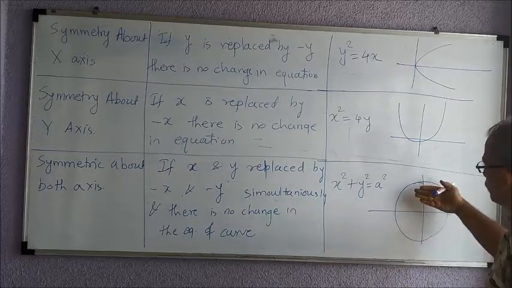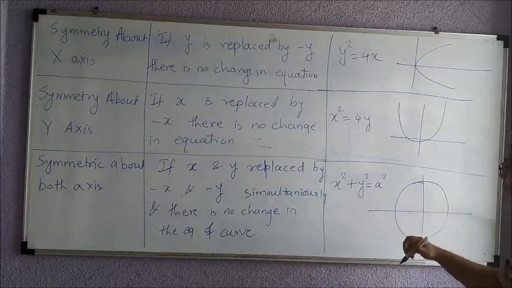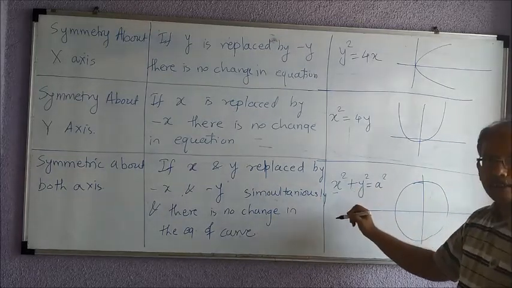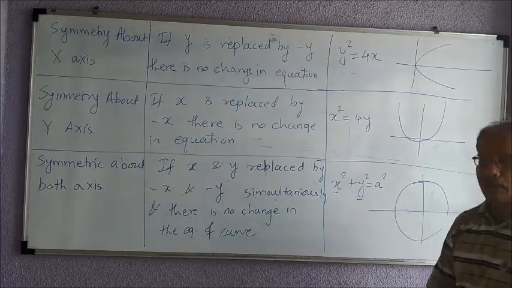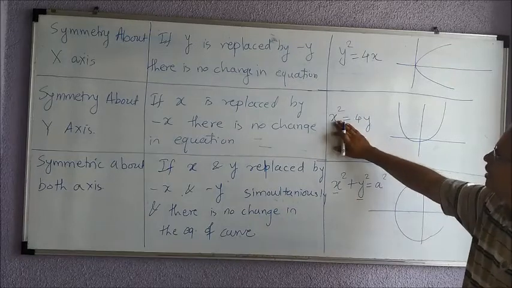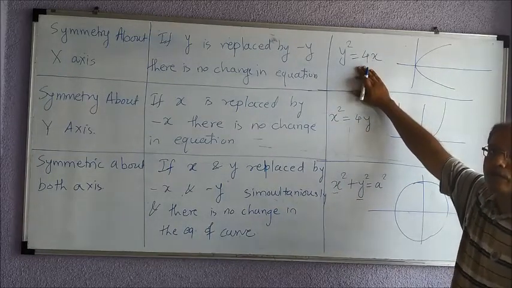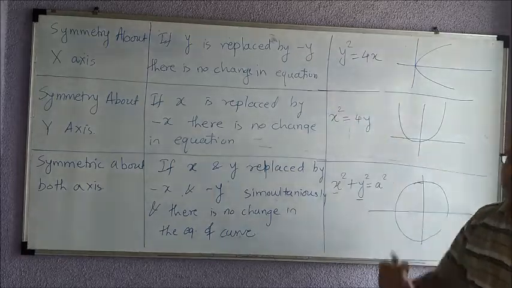See that this part is symmetric over here, this part is symmetric over here. So x replaced by minus x, no change; y replaced by minus y, no change, simultaneously. Here only x replaced by minus x, no change. Here only y replaced by minus y, no change. So remember these three rules.